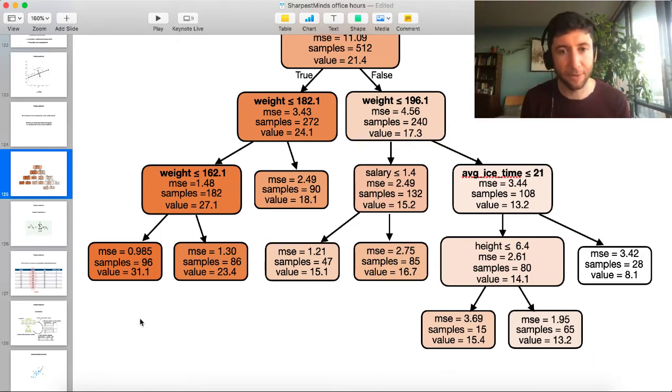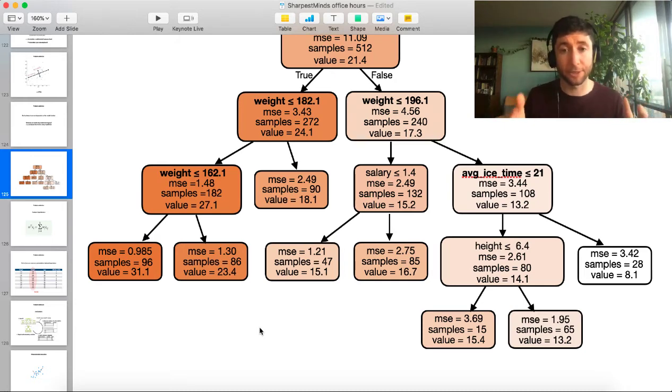Another interesting feature of these decision trees, you'll notice that there's a finite number of leaf nodes. We've got 1, 2, 3, 4, 5, 6, 7, 8, unless my math is wrong. So 8 different final buckets in this tree. Now, that actually means that this decision tree is mathematically incapable of predicting more than 8 different values.